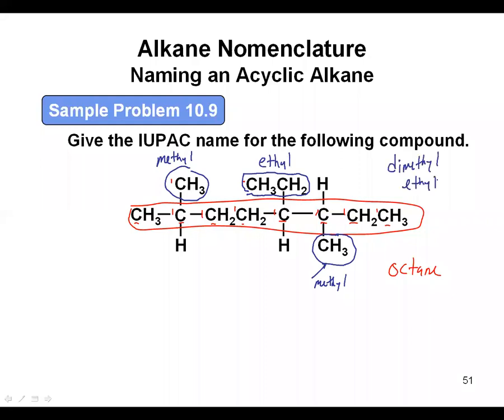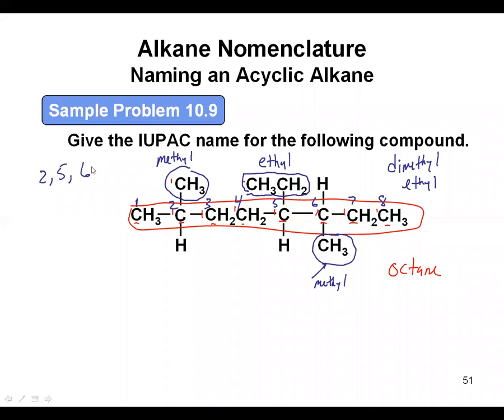So again, it's important to number the longest chain, and in this case we want to give our groups the smaller numbers. If we go left to right, we have 1 carbon, 2 carbons, 3 carbons, 4 carbons, 5 carbons, 6 carbons, 7 carbons, and 8 carbons. And if we went left to right here in blue, we would have groups at carbons number 2, 5, and 6.